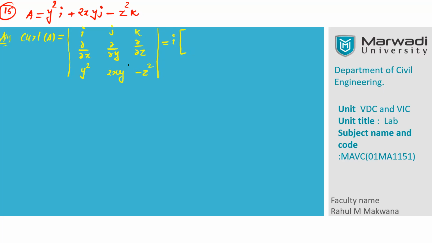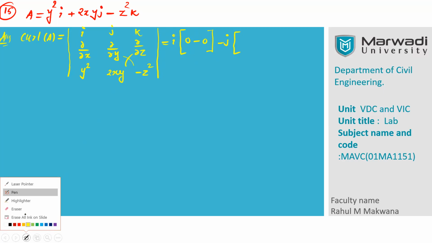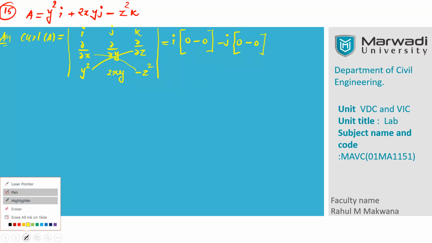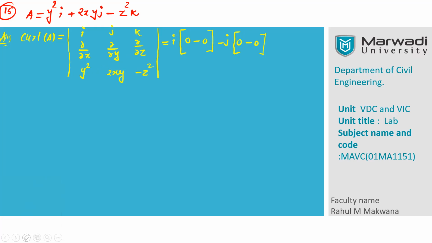So we have i, partial with respect to y is 0, with respect to z is 0, minus j, partial with respect to x is 0, with respect to z is 0, plus k, with respect to y is 2y, and with respect to x will be 2y.